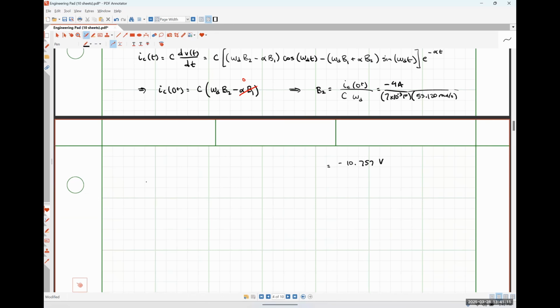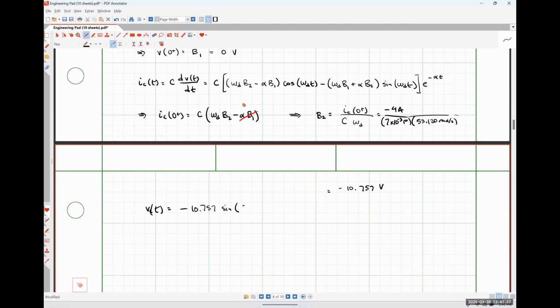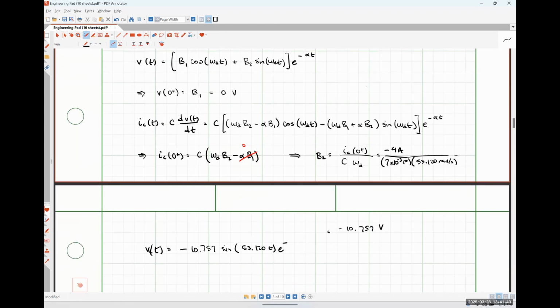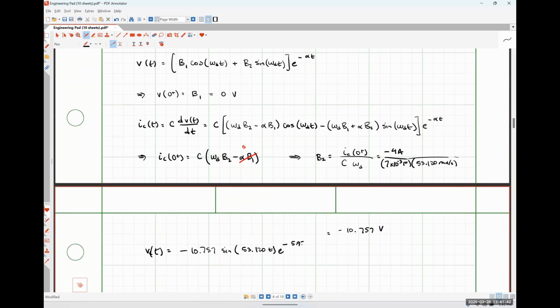So I can say that VC, or V of t, during the transient condition is going to be negative 10.757 sine 53.120 t multiplied by e to the negative, let me scroll up here and find alpha, 5.952 t volts. To make that look prettier.